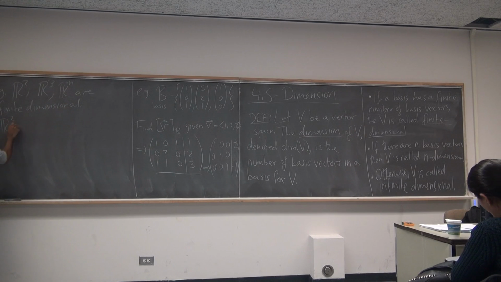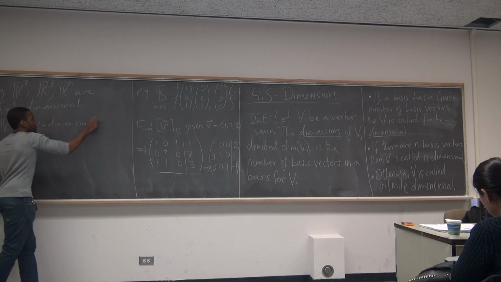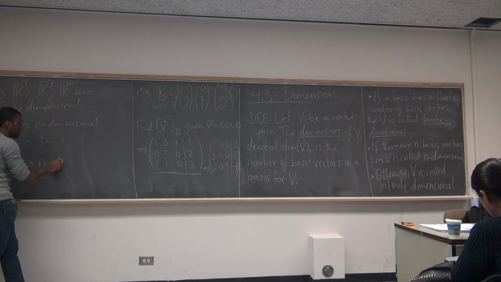R2 is two-dimensional. R3 is three-dimensional. Rn in general is n-dimensional.